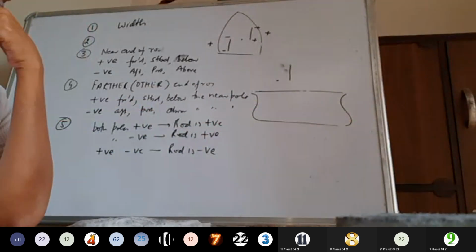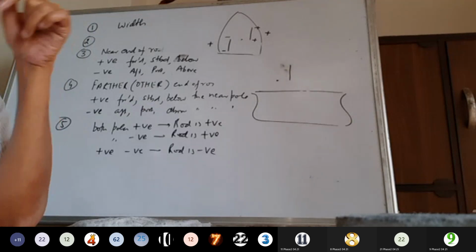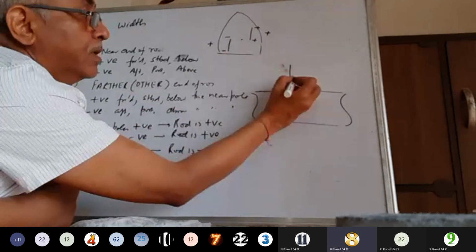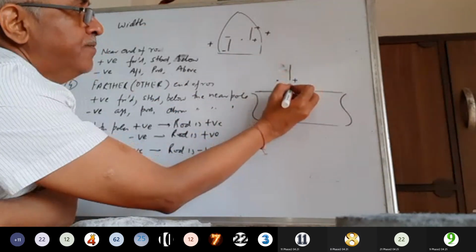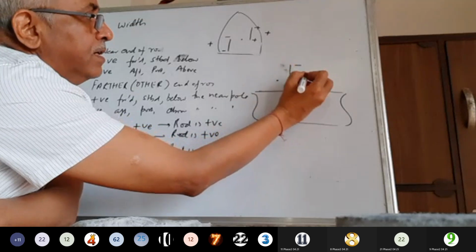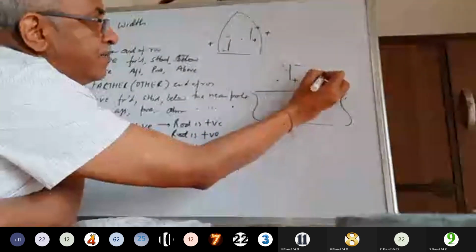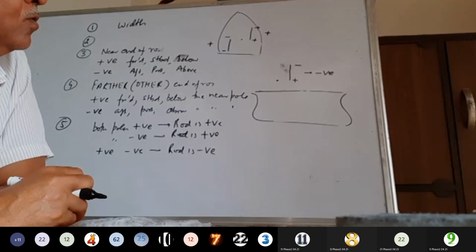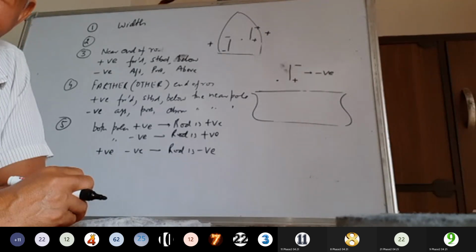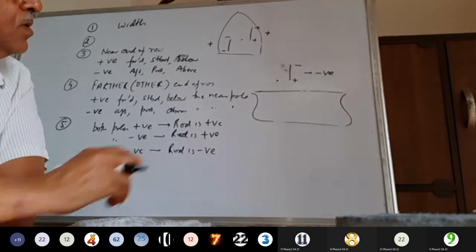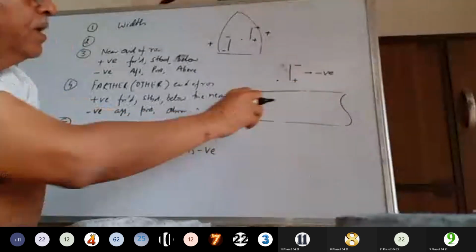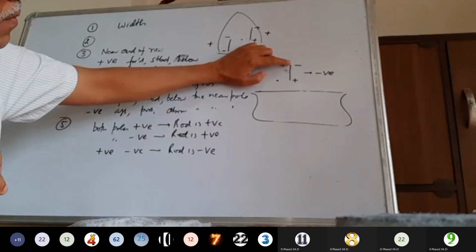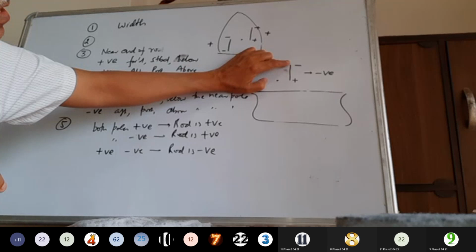This one is positive or negative? See, this is forward, so it is positive, and this one is above the near pole, so this is negative.